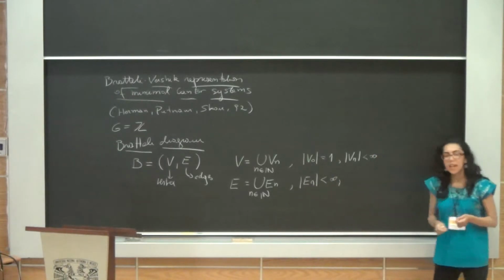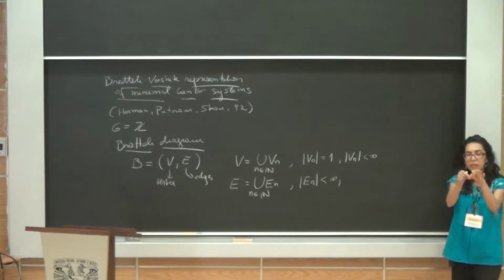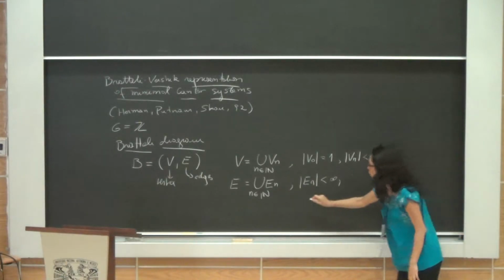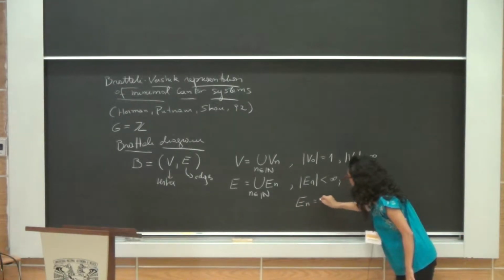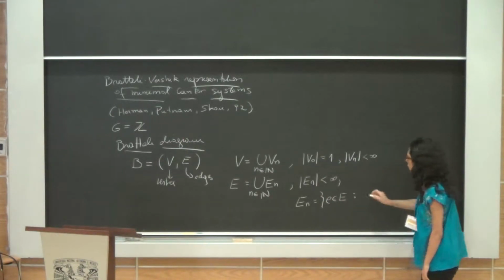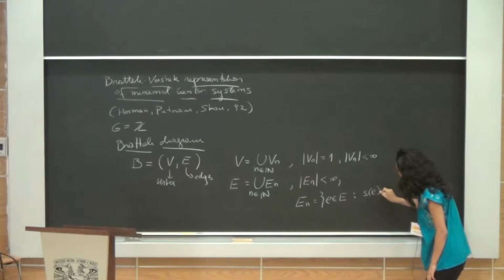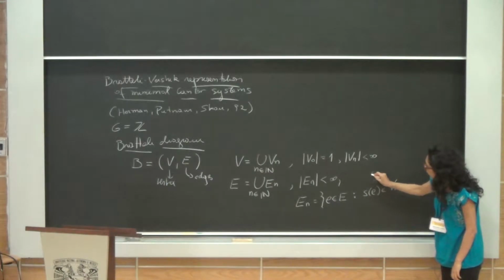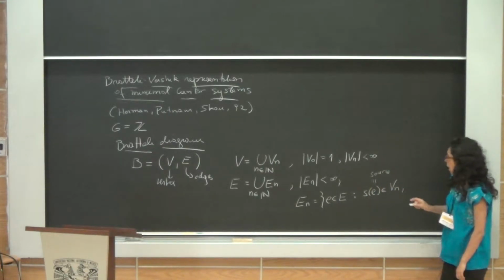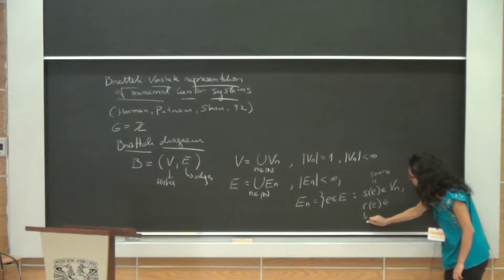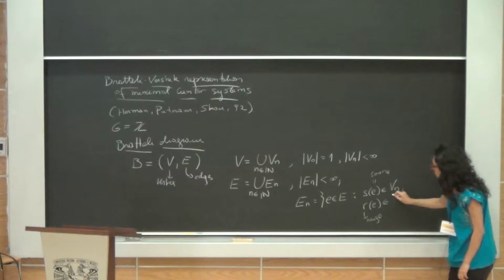And in the set En, we have exactly the edges that start from Vn and arrive at Vn plus 1. So En is the set of edges starting from Vn, this means the source, and arriving, this is the range, at Vn plus 1.